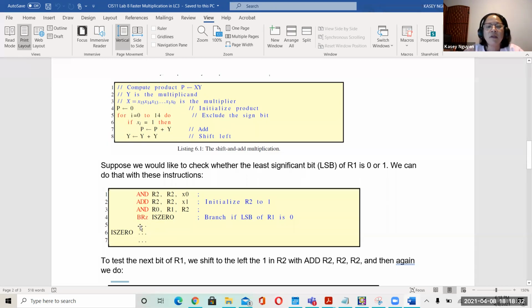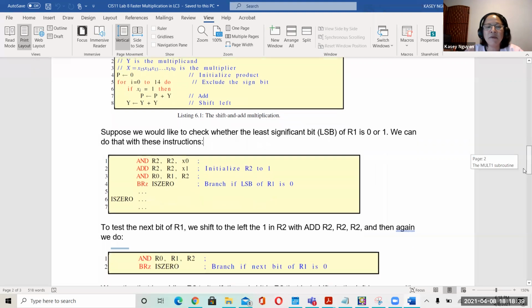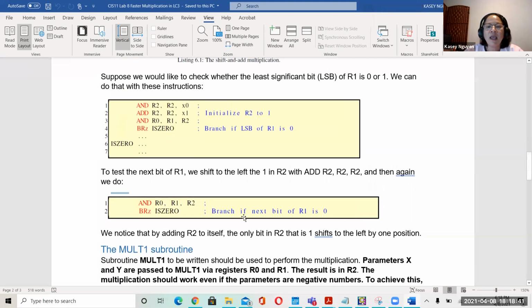So in here, what we can do is check real quick, send it to the is 0 label, and then again, we would test the next bit, which is in the next register. So in this case, you're setting up your registers to hold all these bits, right?